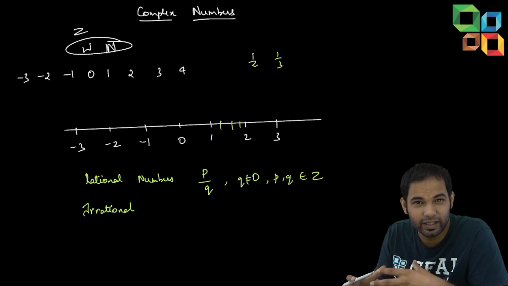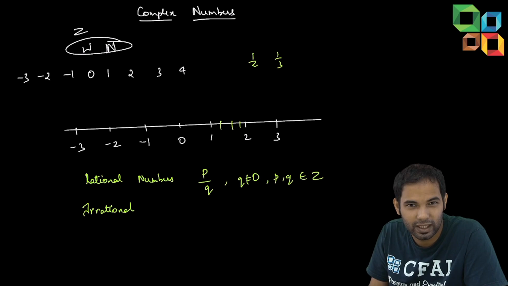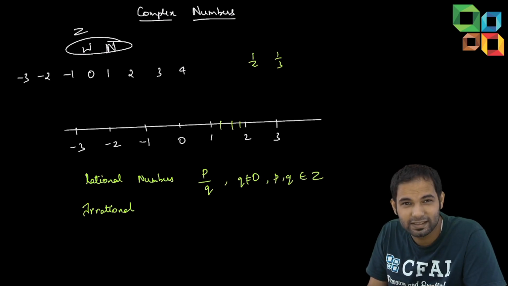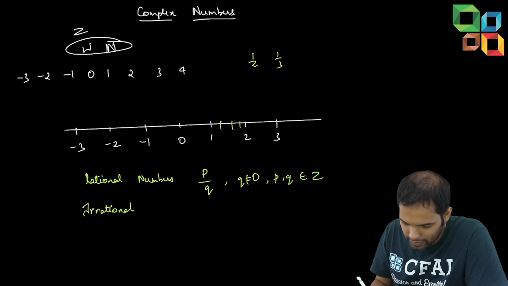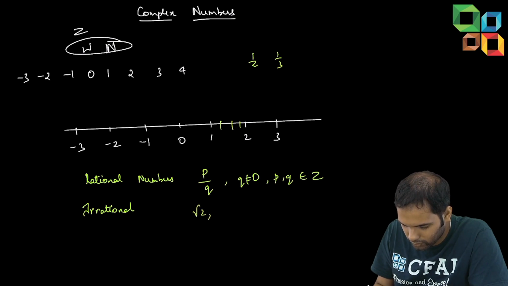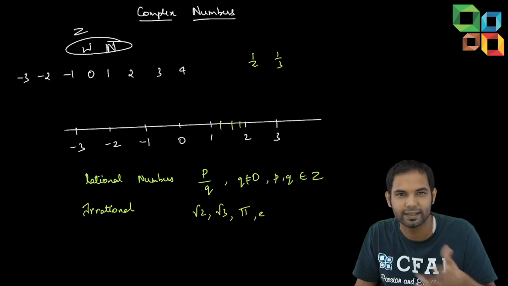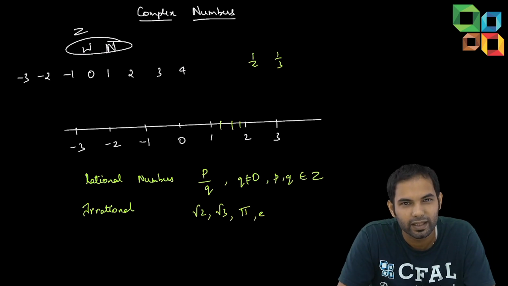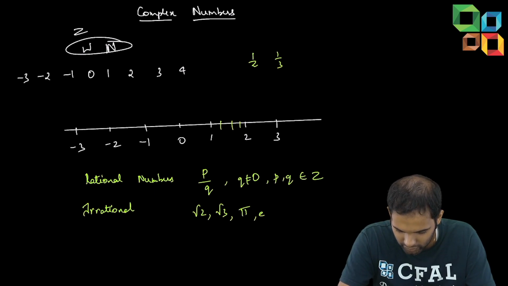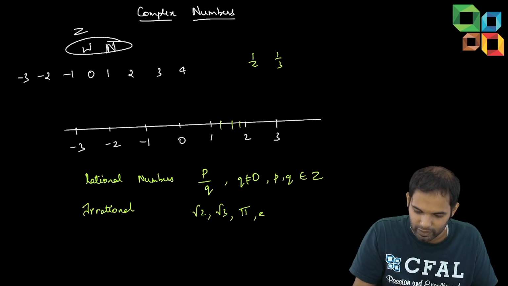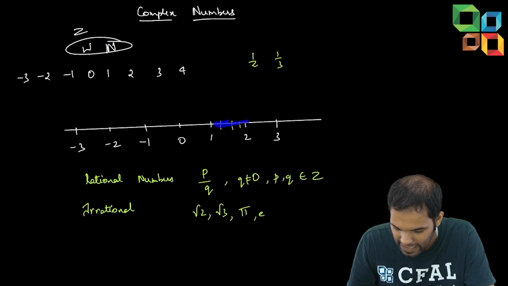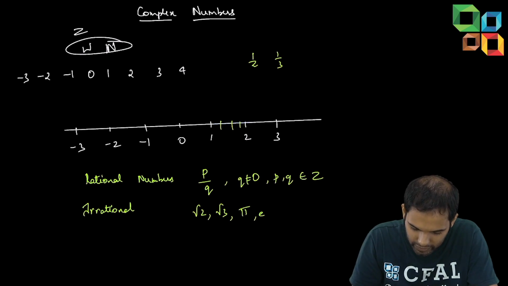The easiest definition we give for irrational numbers is any number that's not rational. So we say root 2, root 3, and so on. There are some other special numbers like pi or Euler's number, which also come under the irrational numbers. Now, looking at this number line, you can see we have filled this gap completely. Now we don't have any gap.